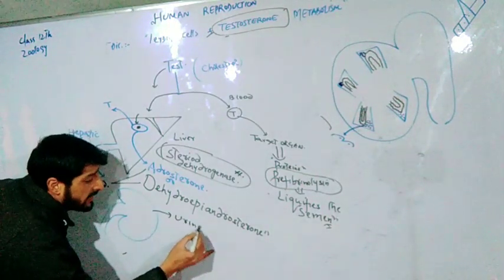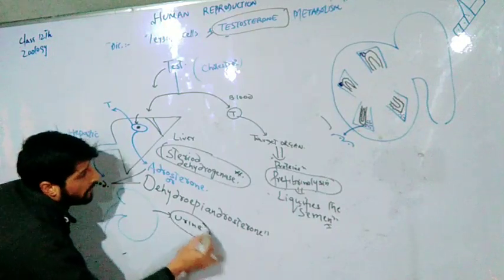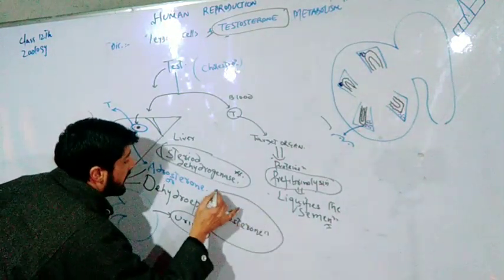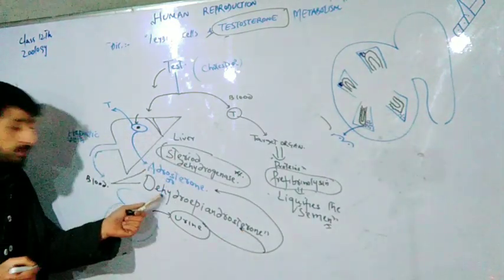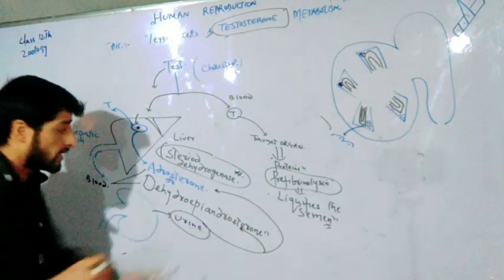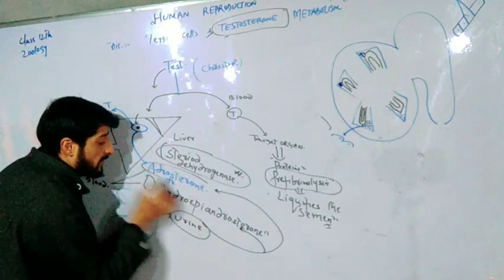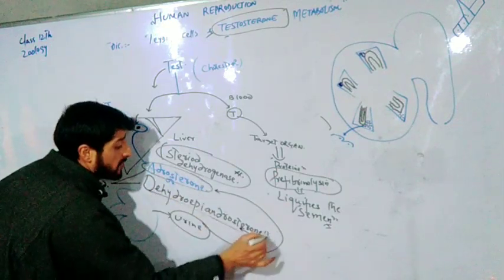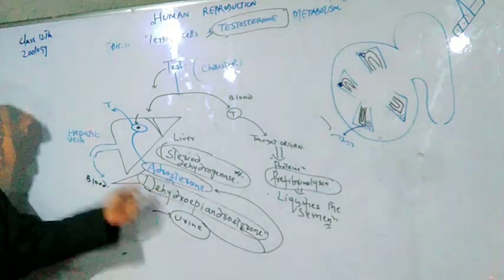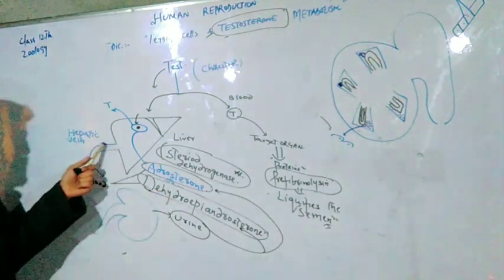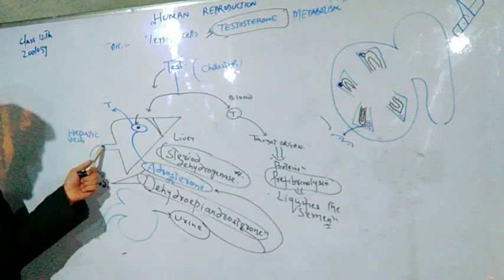urine, and in the urine, traces of androsterone and dehydroepiandrosterone will be present, because these two products were formed in the liver, and then these byproducts were released into the blood.